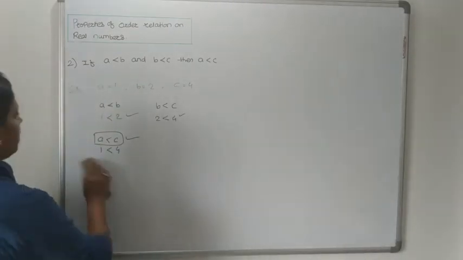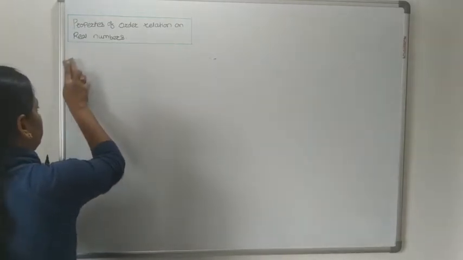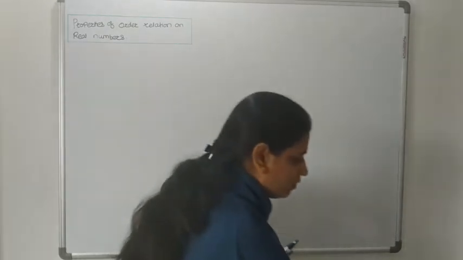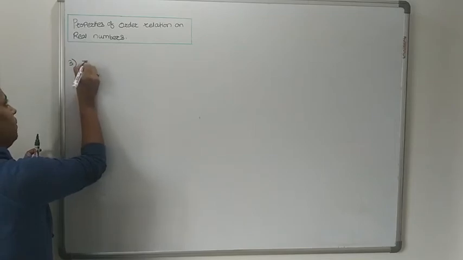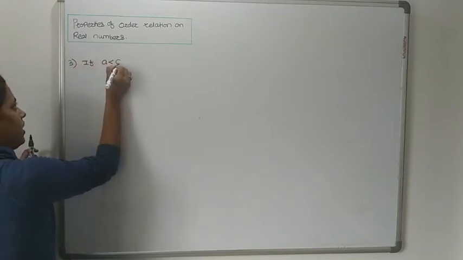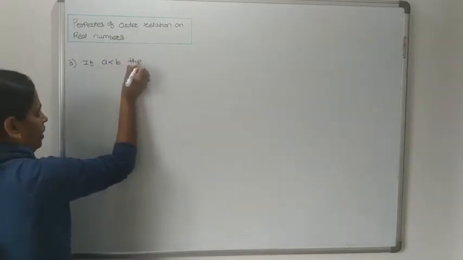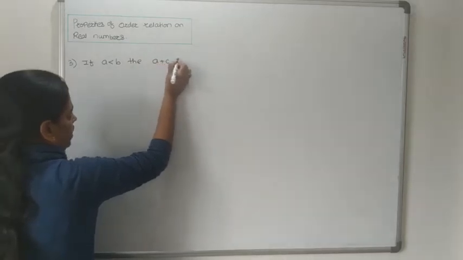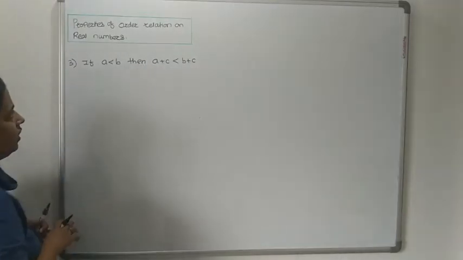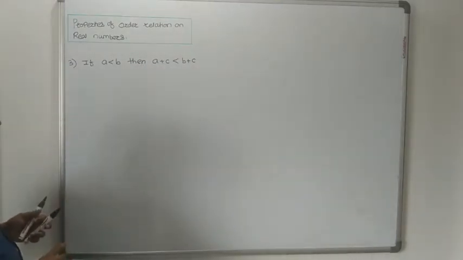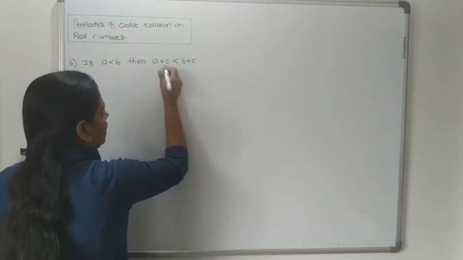Now the next one, the third property: if A is less than B, then A plus C is less than B plus C. So just observe here this plus C and this plus C. They are common.